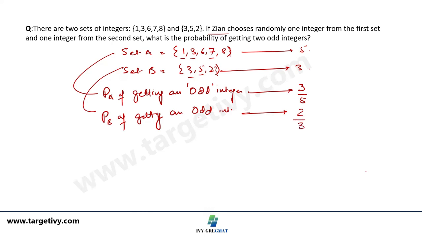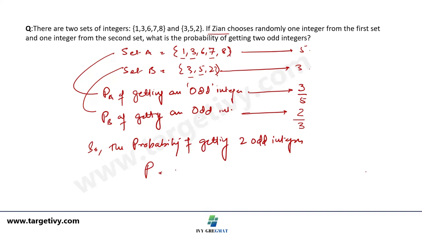So the probability of getting two odd integers, P, is equal to 3 by 5 multiplied by 2 by 3, which is 6 by 15, which if we knock off is 2 by 5. That explains.